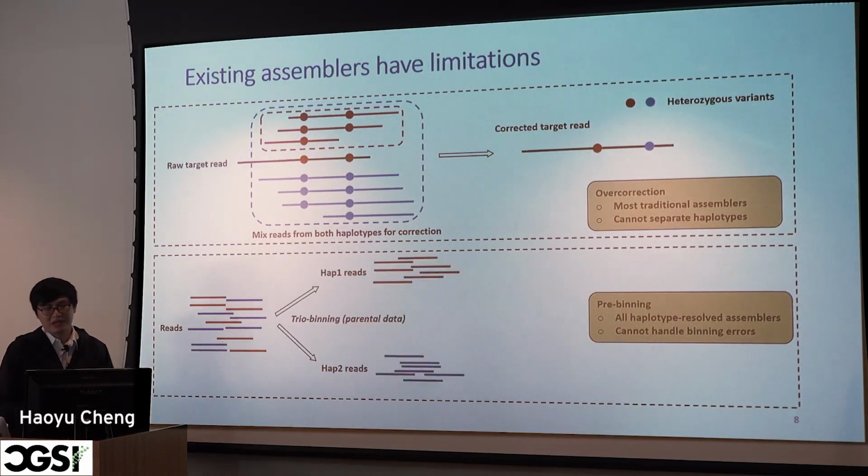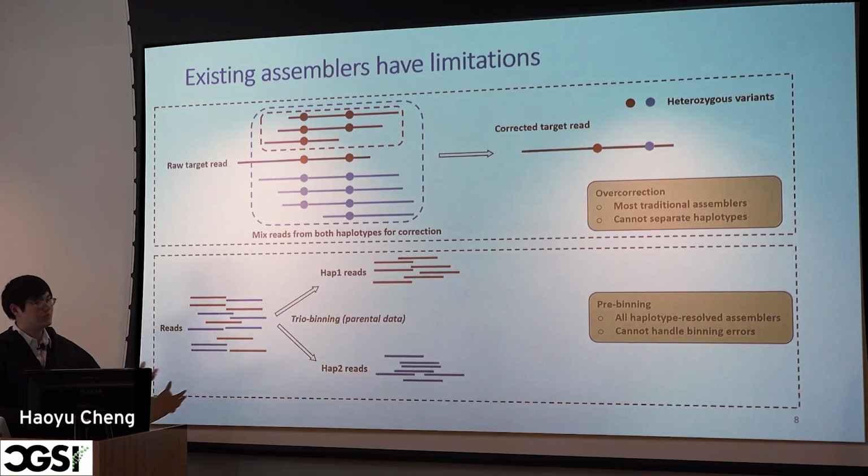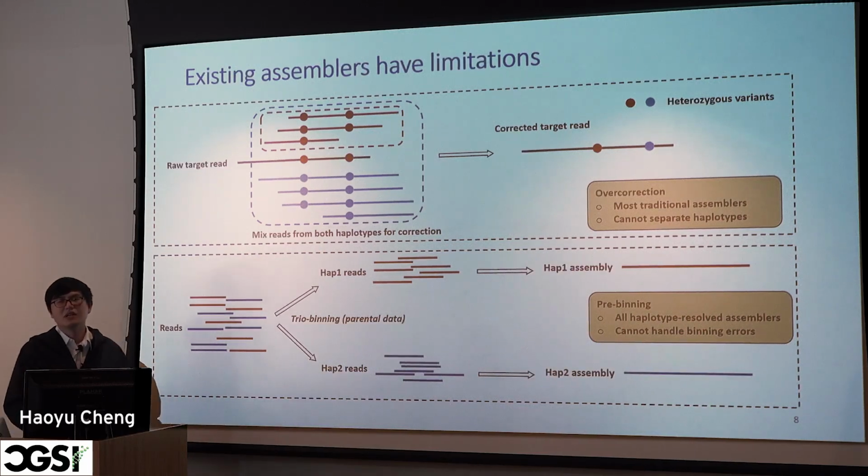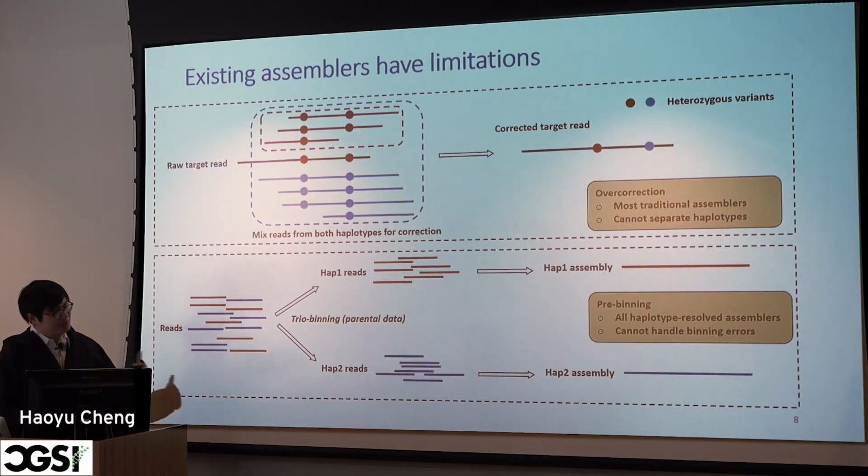So the pre-binning strategy tries to use some additional data. For this example, we use the parental data, using some markers, in most cases k-mers, from the father and mother's genome to separate all the reads into two sets, one set for one haplotype, and then conduct the individual assembly.